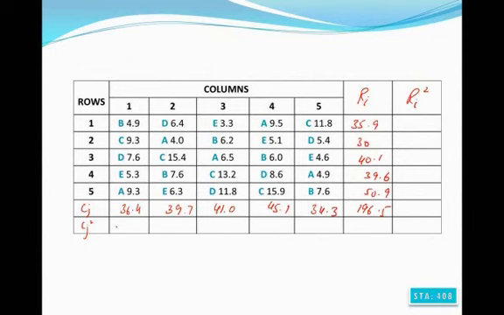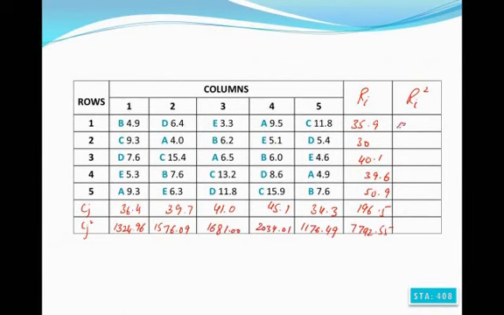The square of 36.4 is 1324.96, 1576.09, 1681.00, 2034.01, 1176.49, and the total is 7792.55.